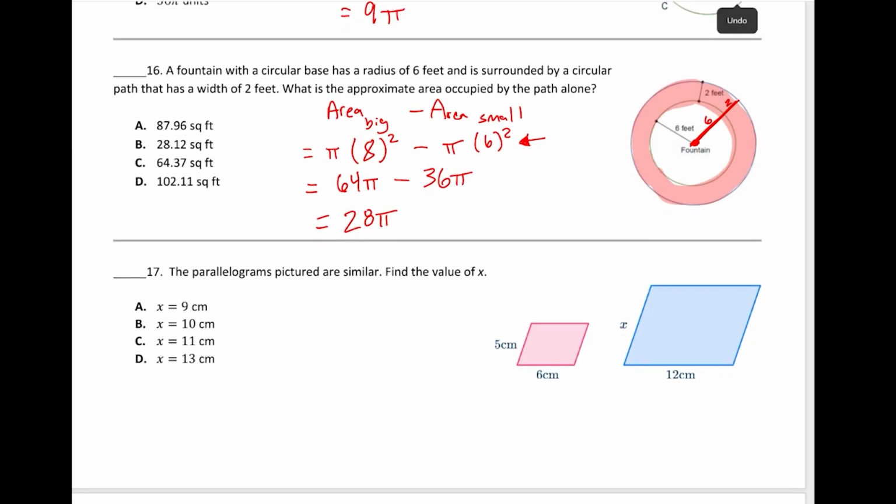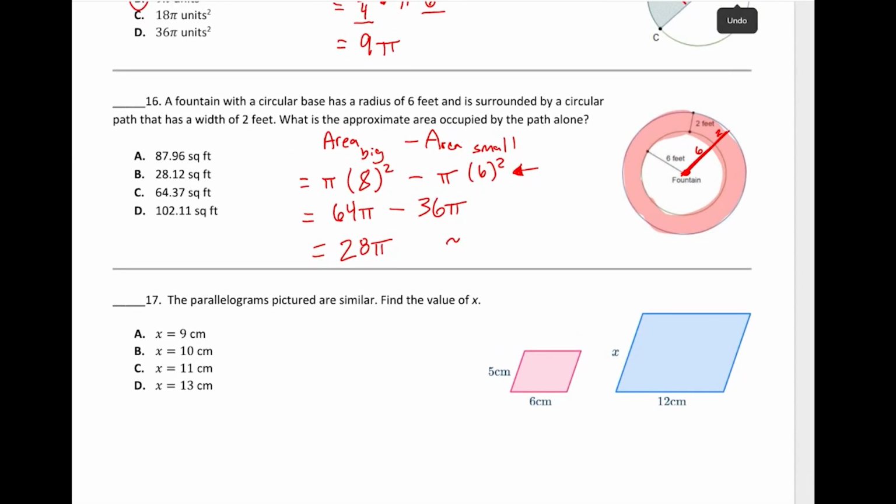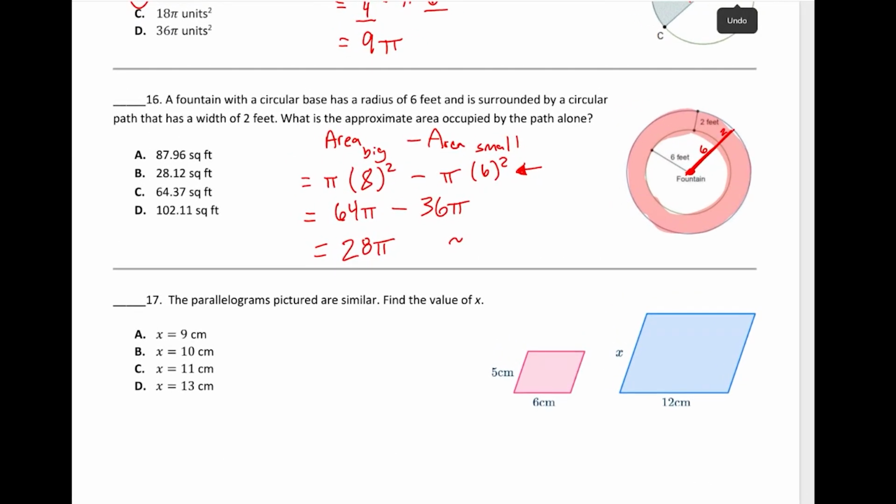And either way, whether you want to type in 28 pi or just go back to the beginning and type pi times 8 squared minus pi times 36, you should get the same answer either way, which is approximately 87.96. So our answer here is A.